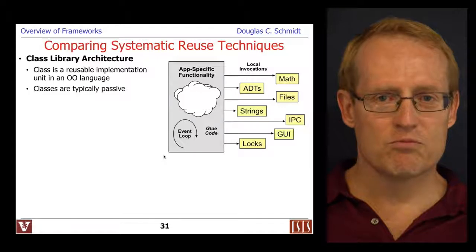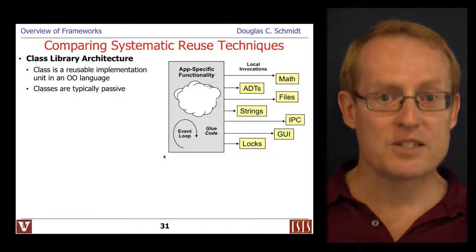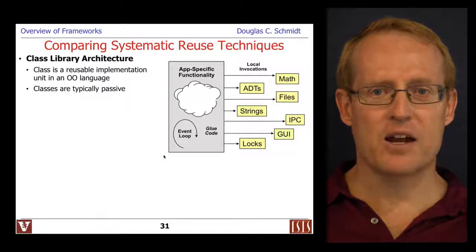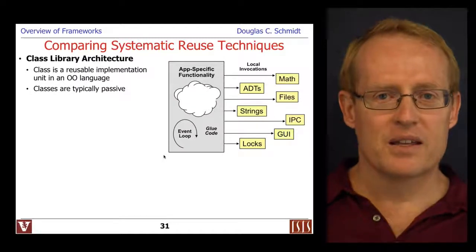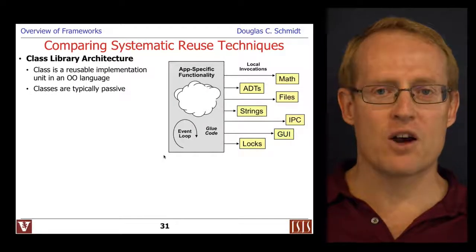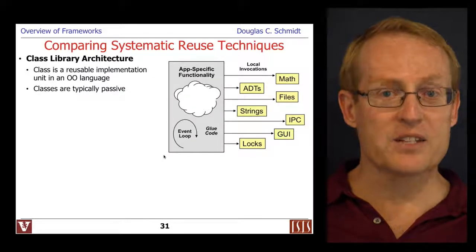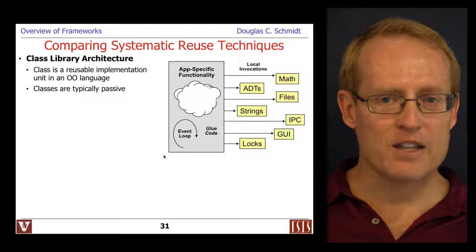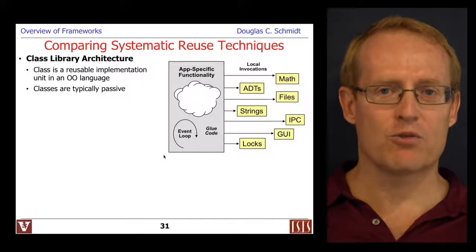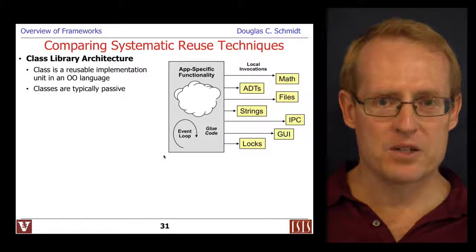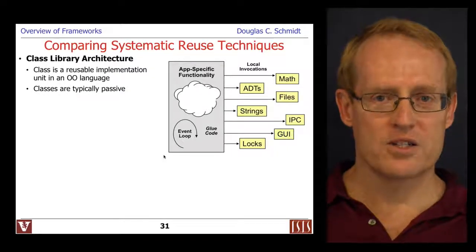They do pretty low-level things or basic things. Moreover, classes in a class library are often passive. The applications themselves are self-directed, and they call out to methods on instances of those classes to do various kinds of things, like open a file, read and write from a file, do string comparisons, pass messages across a network, and so on and so forth.